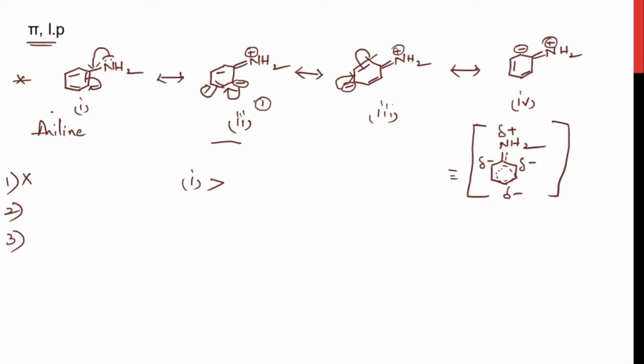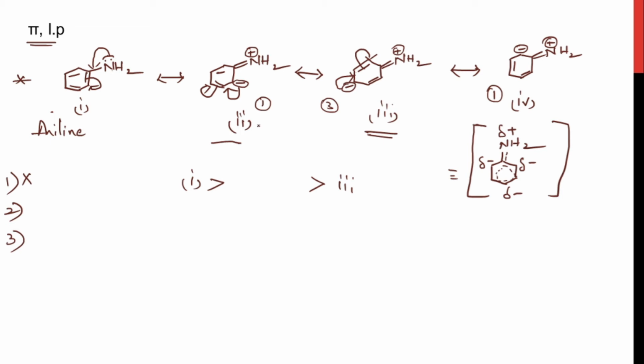In this particular resonating structure, there are 3 atoms separating the positively charged atom and the negatively charged atom. In this one, you can see one atom separating the negative and positive charge. Between these 3 resonating structures, the third is the least stable.